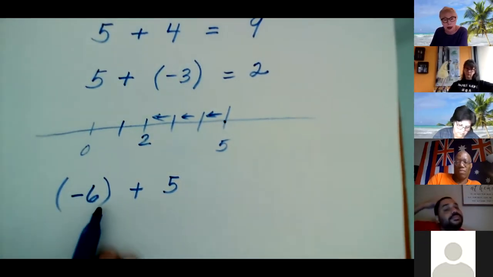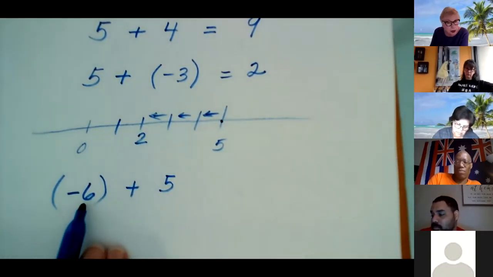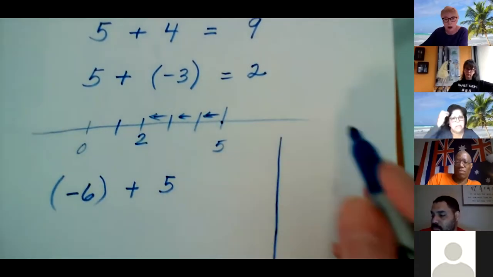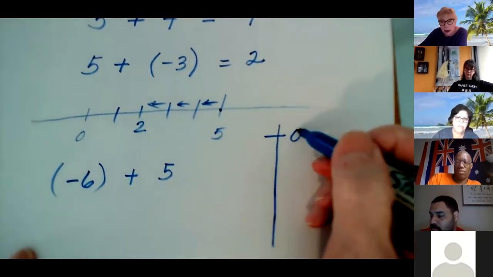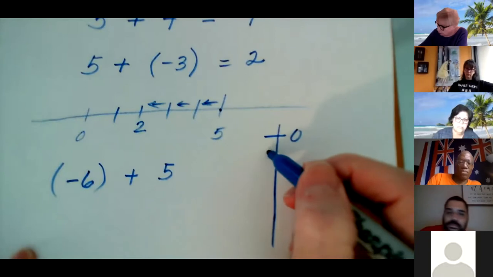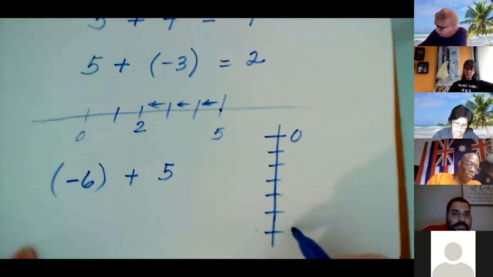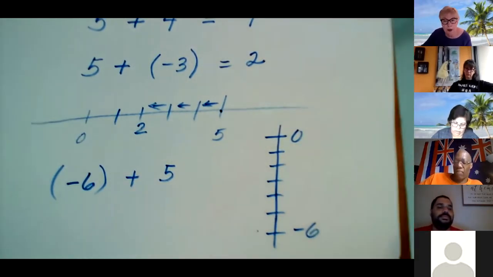And so here's what I would say when I talked about temperature. If the temperature in the morning was -6, and so instead of a horizontal line, I would draw them a vertical line. Here's 0, 1, 2, 3, 4, 5, 6. So here's -6. This is the thermometer, by the way.